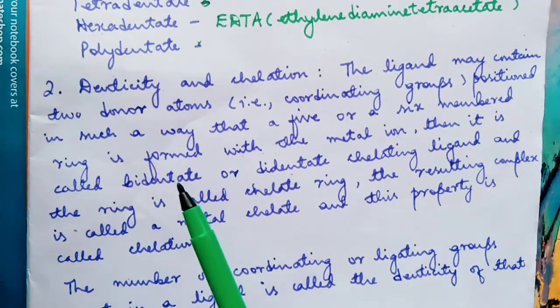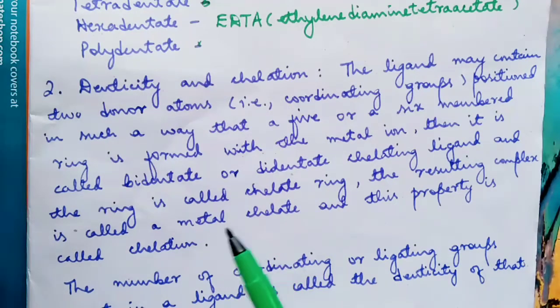Then it is known as a bidentate or didentate chelating ligand, the ring is called a chelate ring, and the resulting complex is known as a metal chelate. This property is called chelation. Whenever a bidentate ligand is linked to the central metal atom, a 5 or 6 membered ring is formed, and this property is known as chelation.